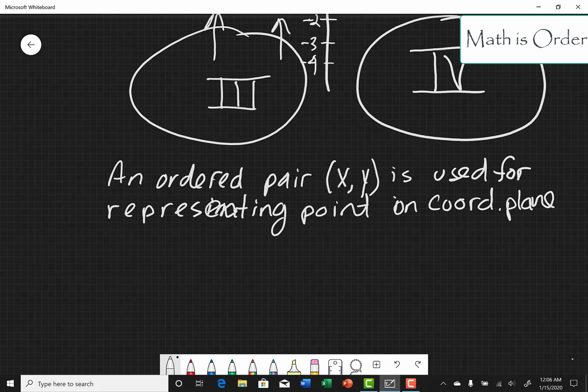In this ordered pair (x, y), x is always first and y is always the second value.